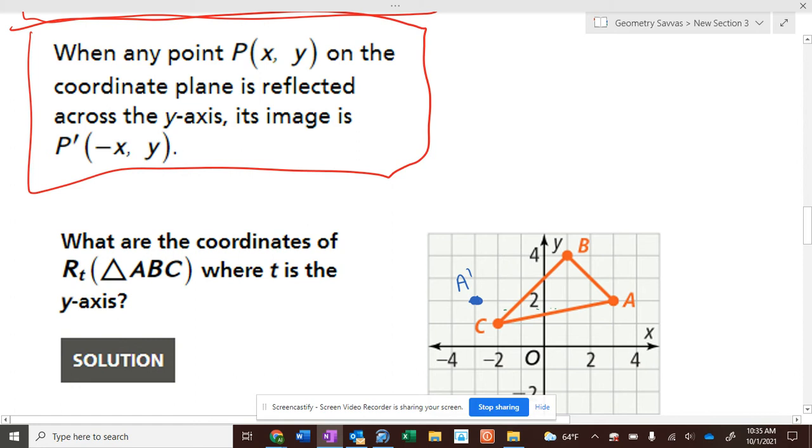Where's B go? (-1, 4). It just flip-flops to the other side of the y-axis. Where does C prime go? (2, 1).